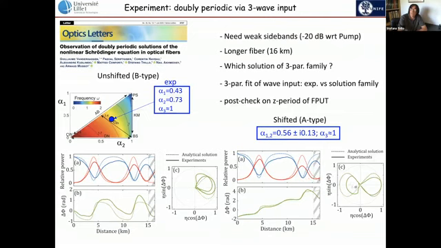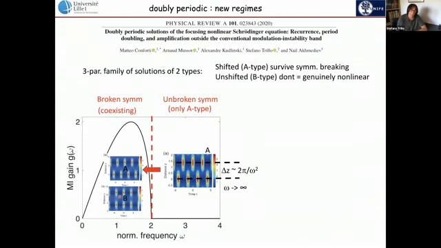The other one is with the double loop orbit. In both cases, the agreement is pretty good. Here the dashed line is the theoretical extraction from the solution. So we can claim safely that we observe this doubly periodic solution in the homoclinic structure of the NLS. But what is more interesting is this, in my opinion.